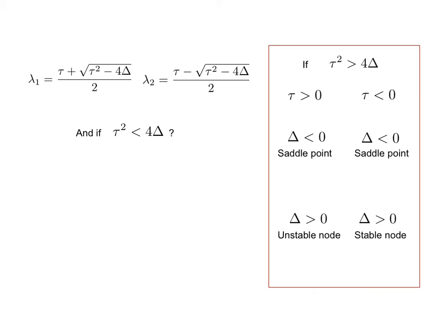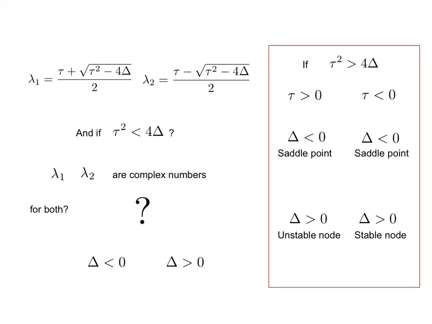We have a negative value of this, so this is going to be an imaginary term, and therefore lambda is a complex number.